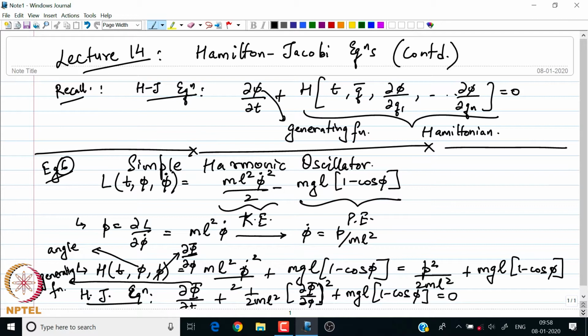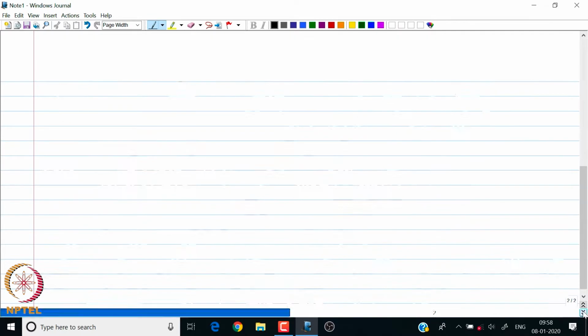Okay. So the next step involves the solution to this first order differential equation. Note two observations before we find the solution.